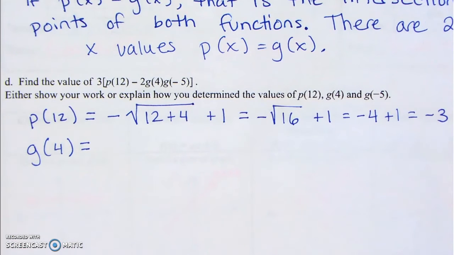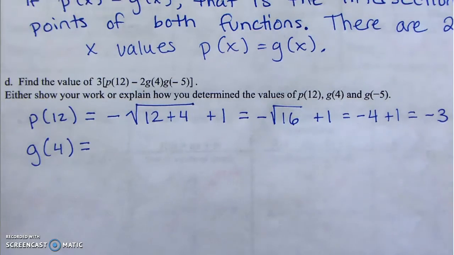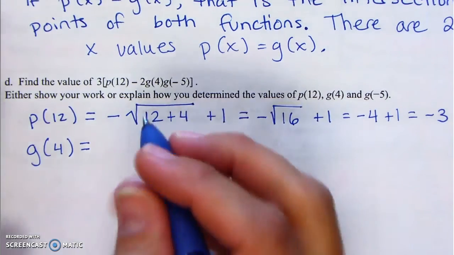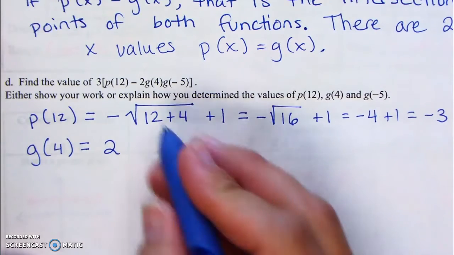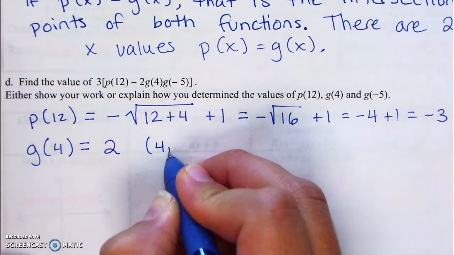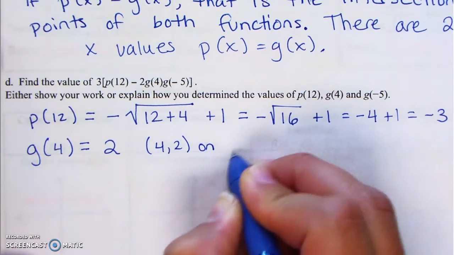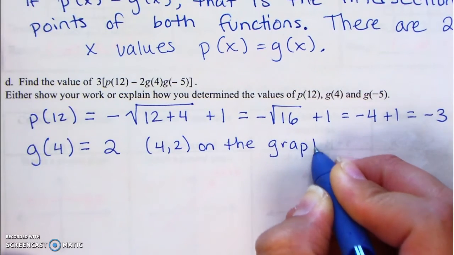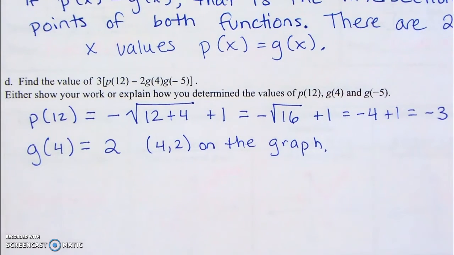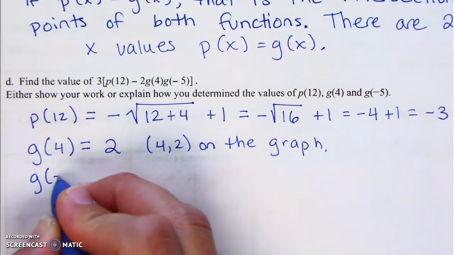Okay. Now where are we going to get g of 4 from? The graph. So go find g of 4. What's the y value when x is 4? What's that going to be? 2? Good. And it says explain. Well, the point 4, 2 is on the graph. That's how we learned it, and that's how we're going to explain it. All right, g of negative 5.